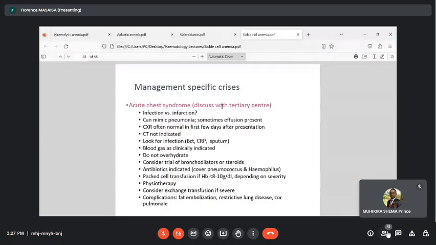Acute chest syndrome will usually be investigated in a tertiary hospital because it can also mimic pneumonia or effusion. You may decide not to do a CT scan as it's not indicated.